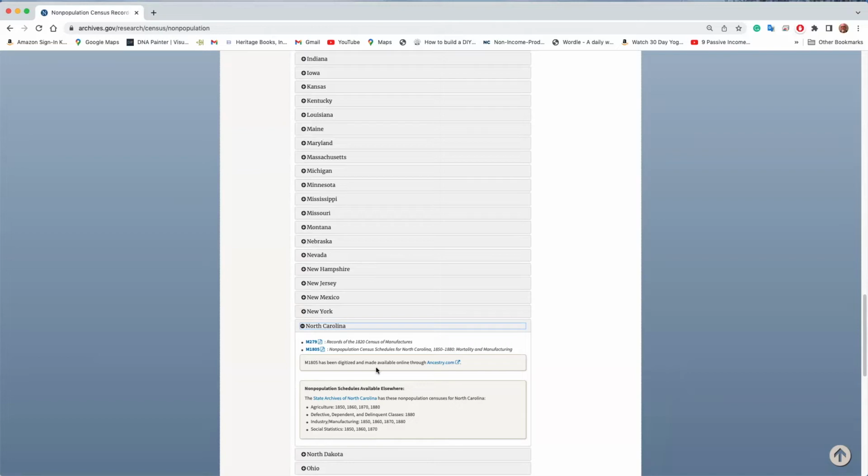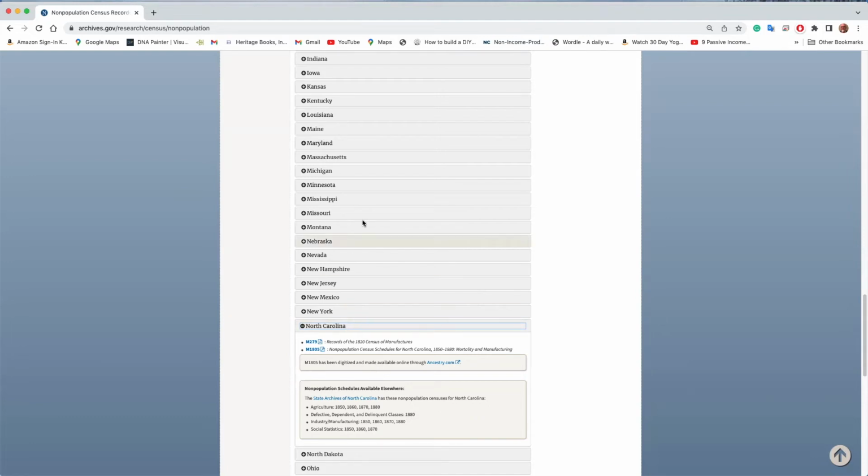However, the one that I'm most interested in at the moment is the Defective, Dependent, and Delinquent Classes, 1880. And that's going to tell me information about who's in the poorhouse, who's blind, who's deaf, those kind of things. I also want to look at the social statistics. So this tells me that they are located in the state archives of North Carolina. And it doesn't appear that NARA is aware that they are available digitally anywhere.